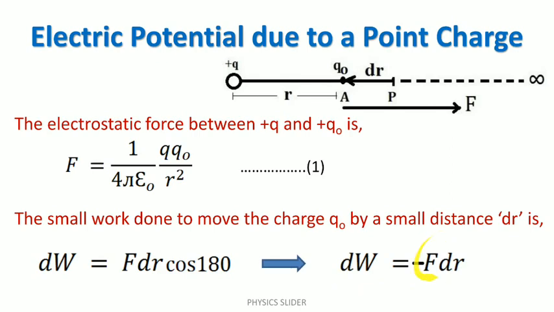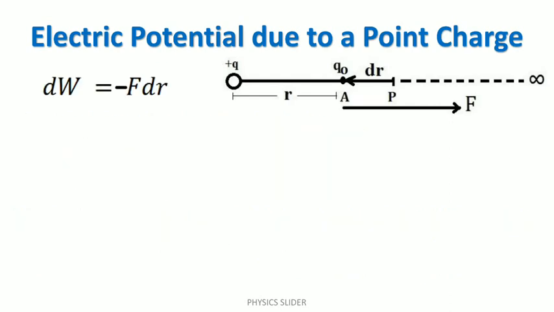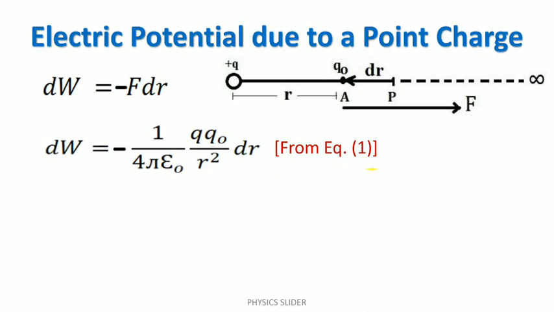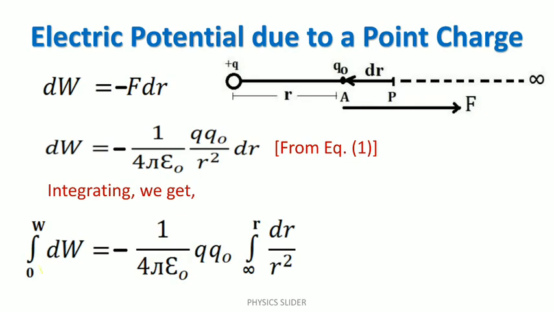Now we will place the value of F from equation 1. From equation 1, we have placed the value of F, which is 1 upon 4 pi epsilon naught Q Q naught upon R square. Now, to find out the total work done, we have to integrate this expression. So, integrating, we get the integral from 0 to W of dW is equal to minus 1 upon 4 pi epsilon naught, which is a constant we have taken as it is.